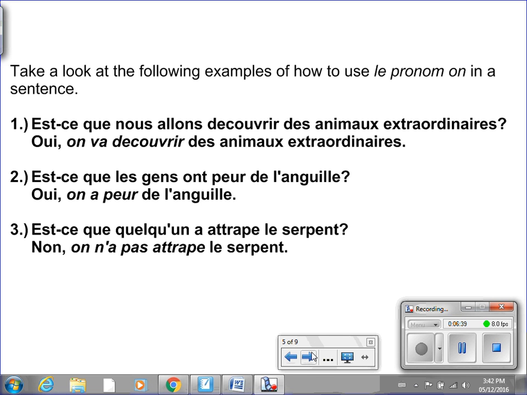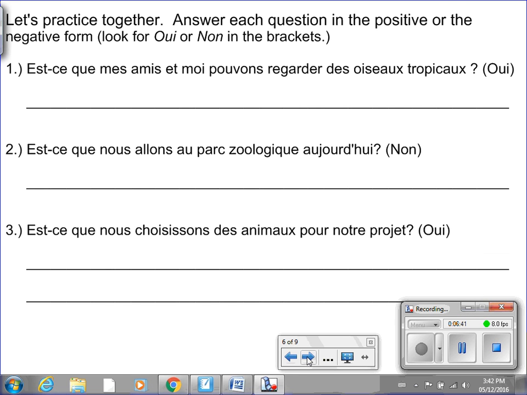Okay, let's move forward. So on these next 3 slides, I'm going to be giving you some examples where you are going to take each sentence and rewrite it so that it uses le pronom on. Remember that you have to take the subject as it is originally written and replace it with on, and then you need to reconjugate the verb, or in some cases, the first verb.